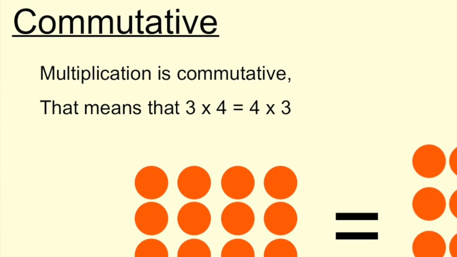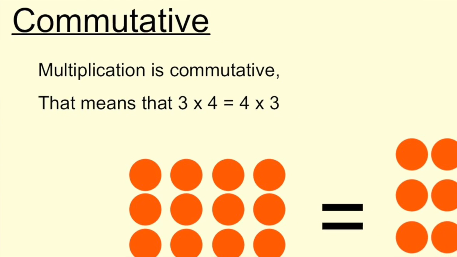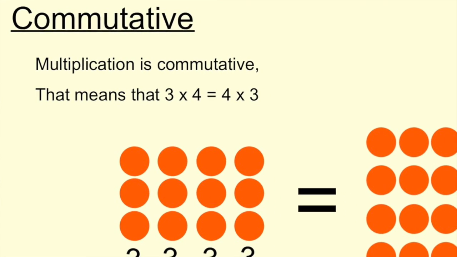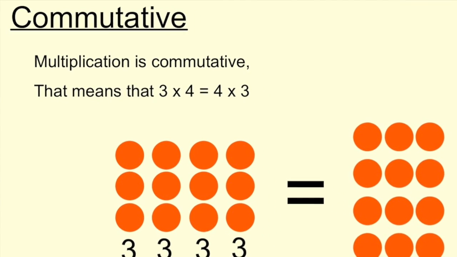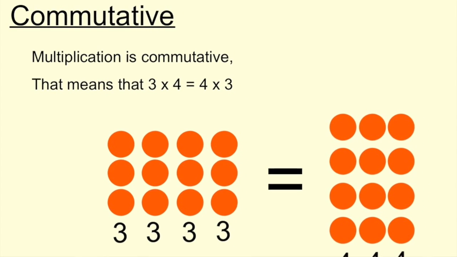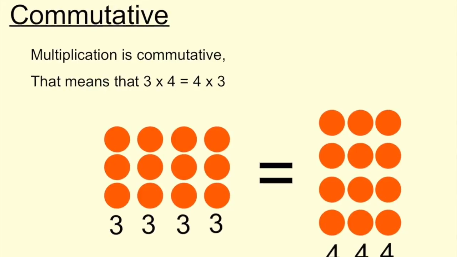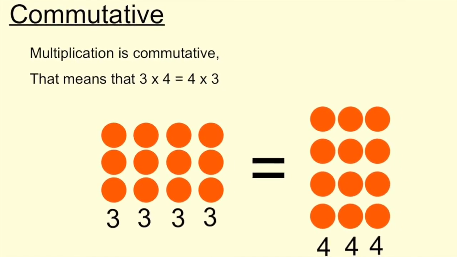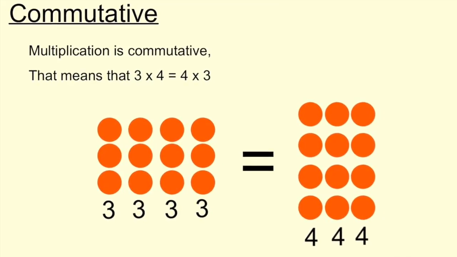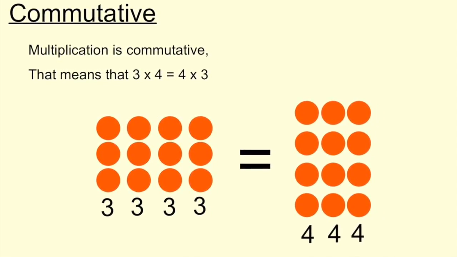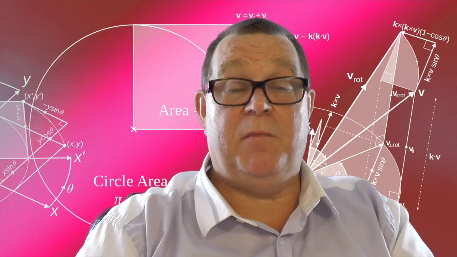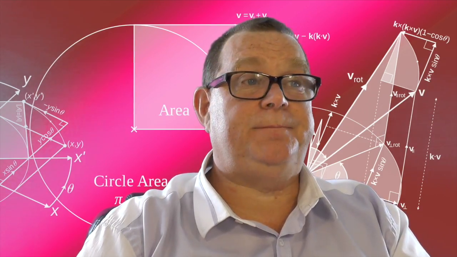But the commutative property says to us that 3 times 4 is equal to 4 times 3. And in calculation terms, it doesn't matter which way round we do it. Do we calculate it as 4 lots of 3 or 3 lots of 4? As you can see from these arrays, they both equal 12. So they are commutative. That means they can be done either way round. Commutative coming from commute, meaning to move.